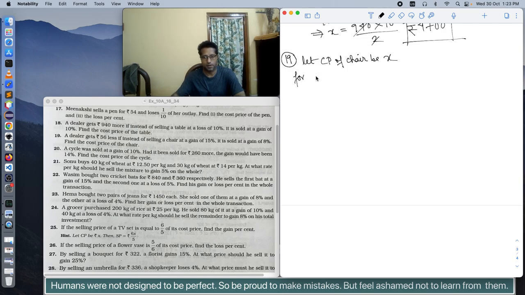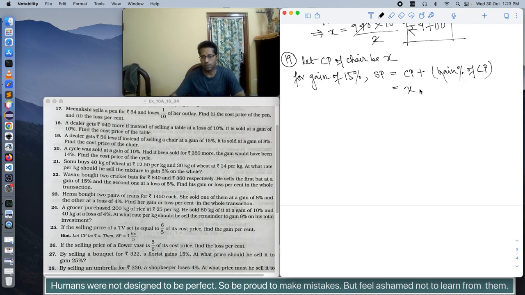Now, for a gain of 15%, selling price of the chair should be cost price plus 15% gain percent of cost price.